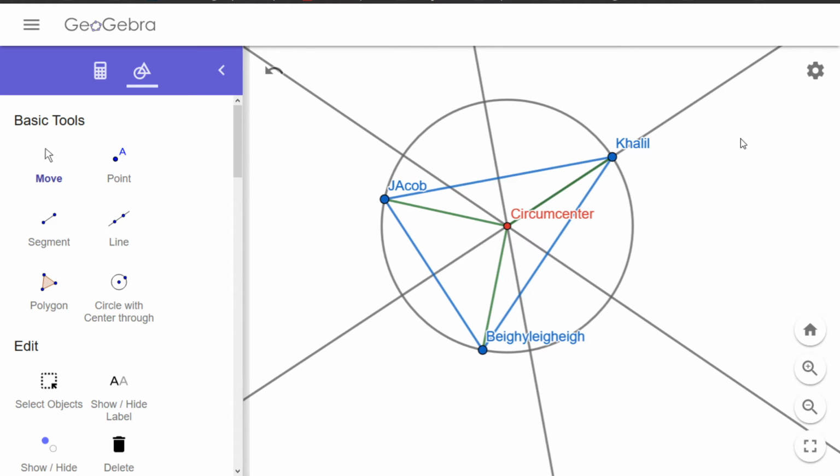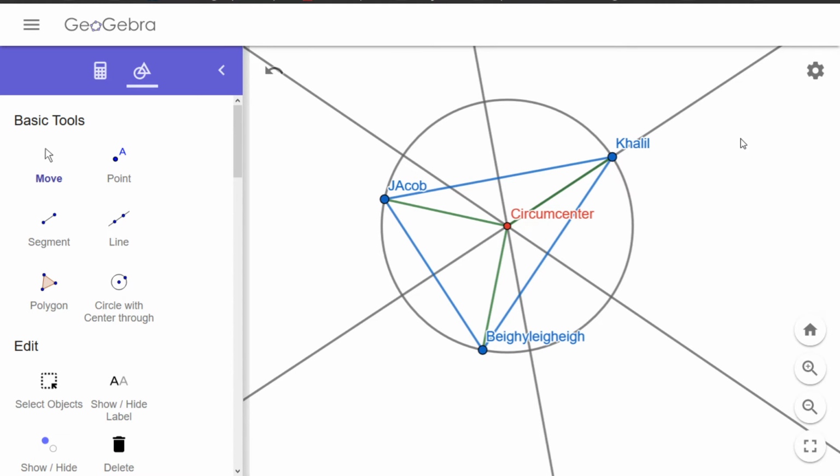So circumcenter for acute is inside, and then it slowly pushes to the outside. It goes through the 90 degree, and then on the outside, for obtuse.